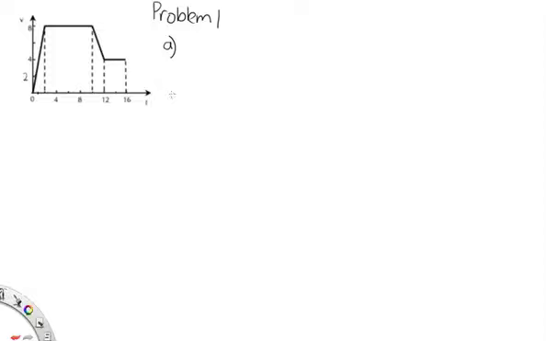To find out the acceleration, we're actually interested in the gradient of the line on the velocity time graph. So you should remember gradient is equal to rise over run. So in this case, at 1 second, the rise is 8 meters per second, and the run is, you get up to 8 meters per second in 2 seconds.